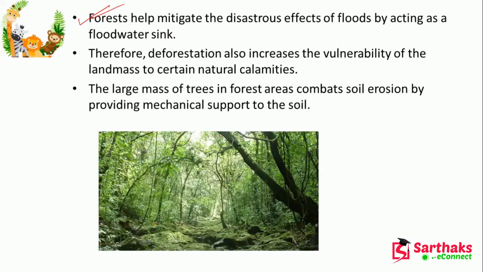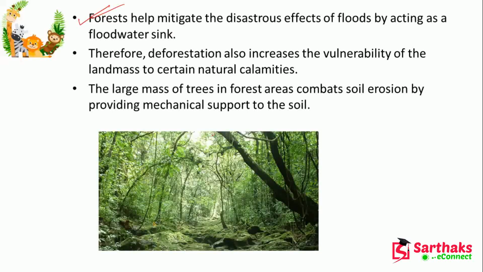Mangrove can protect us. So mangrove growing is a very important thing. And forest mitigates the disastrous effects of floods by acting as a flood water sink. So that's why we are trying to build up mangroves.